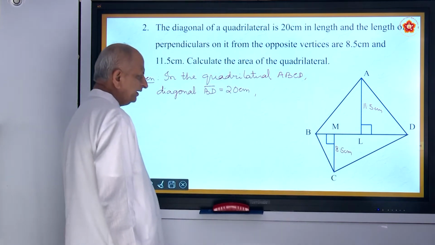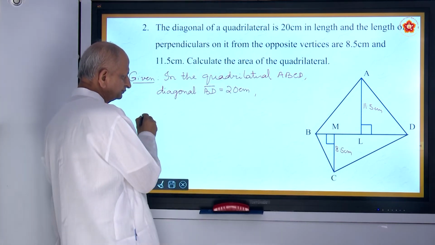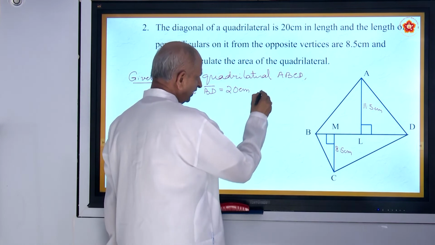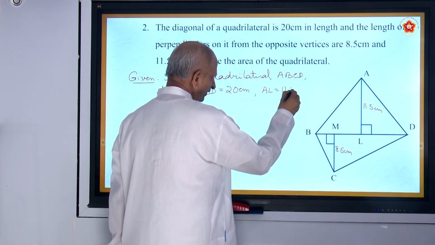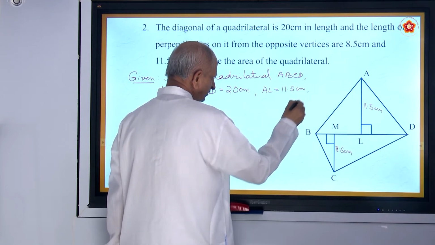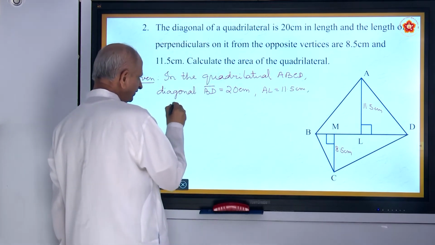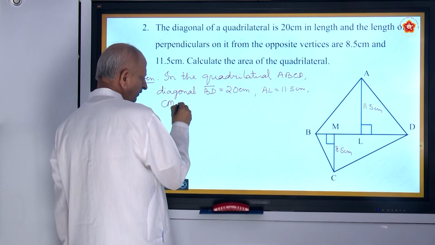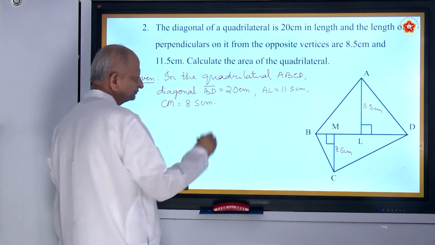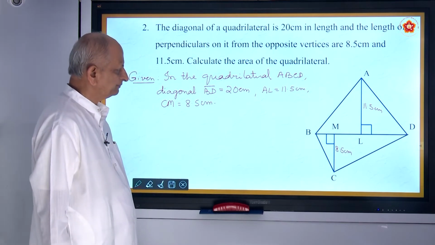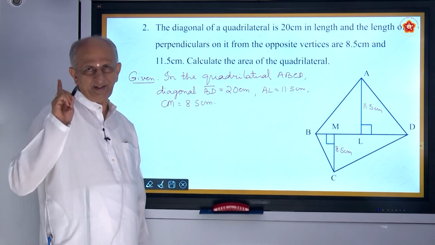Now you have to find the area. So, you can say height IL is equal to 11.5 centimeters, and the second height CM is equal to 8.5 centimeters. So, these heights are given. Now, we have to find the area, correct?